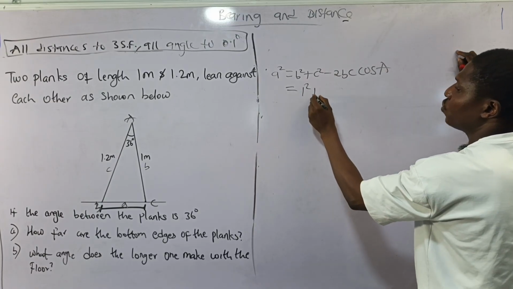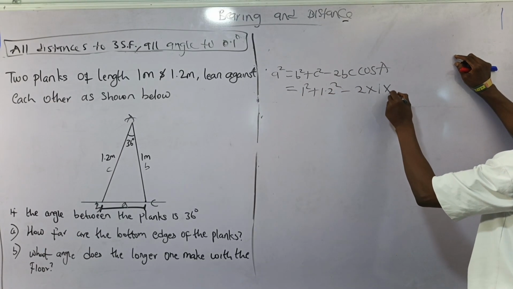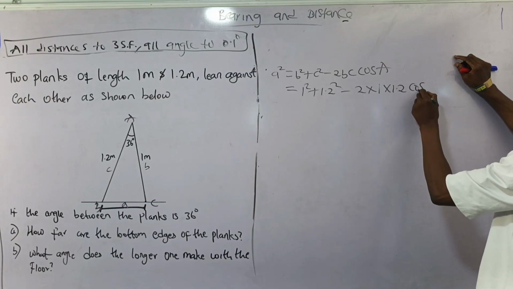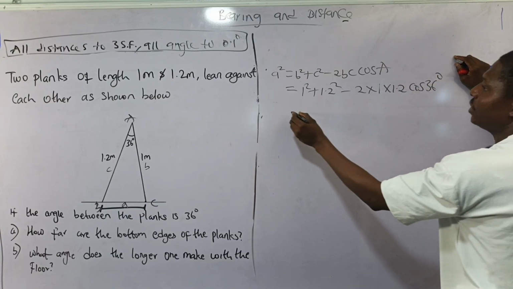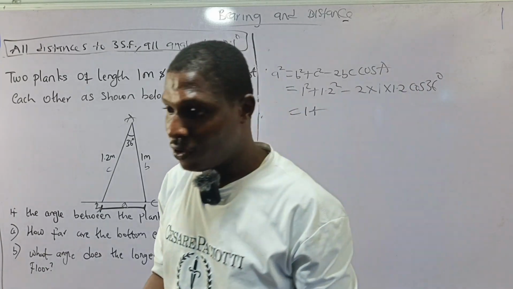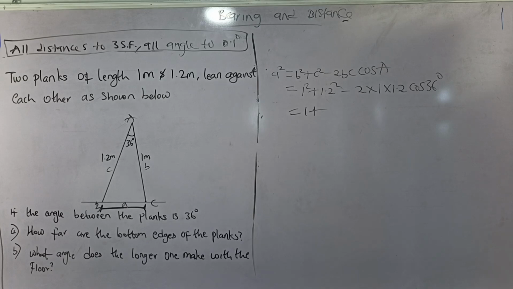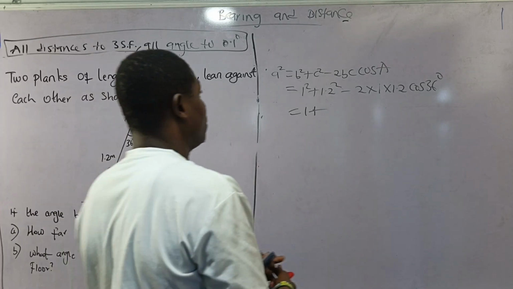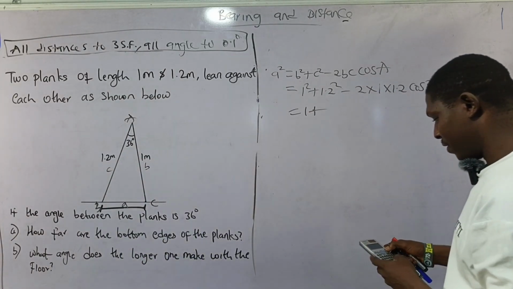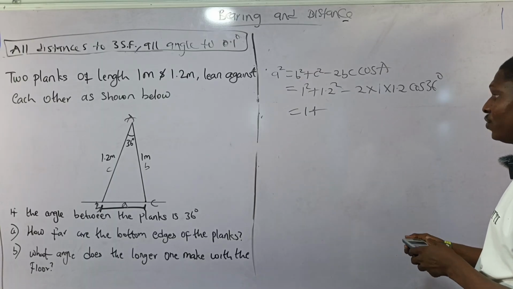So my b is 1. So I have 1 square plus 1.2 square for c, minus 2 times 1 times 1.2, cos of my angle 36 degrees. 1 square is 1 plus 1.2 square. I don't want to waste time, so I'll use my calculator. 1.2 square gives me 1.44.